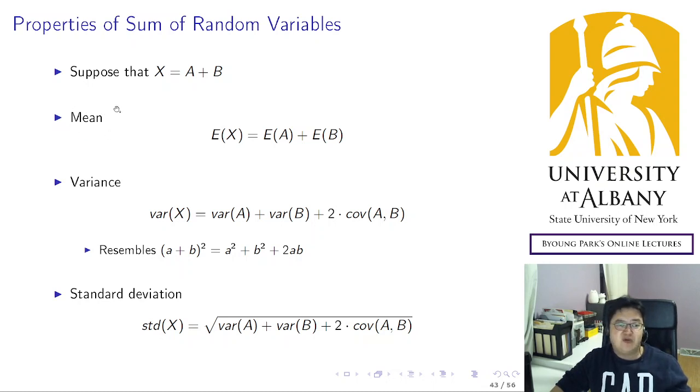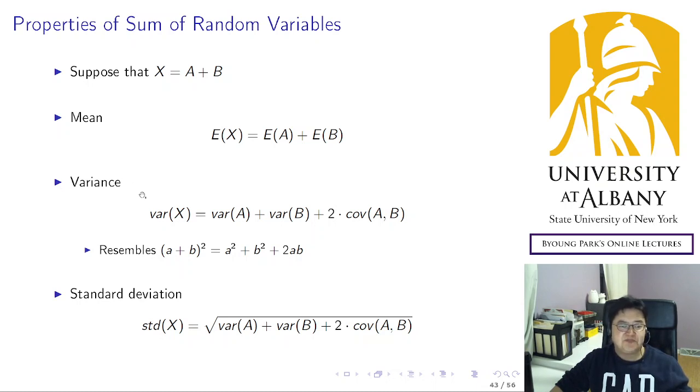Therefore, the formulas may not be simple, but actually it's simple for the mean. The mean formula is pretty simple. The mean of the new random variable is simply the sum of the mean of each variable. So it is pretty simple, nothing much to say, it's obvious. But the variance is the problem.